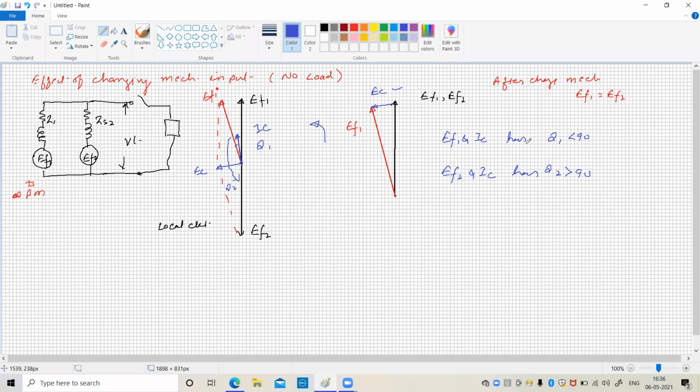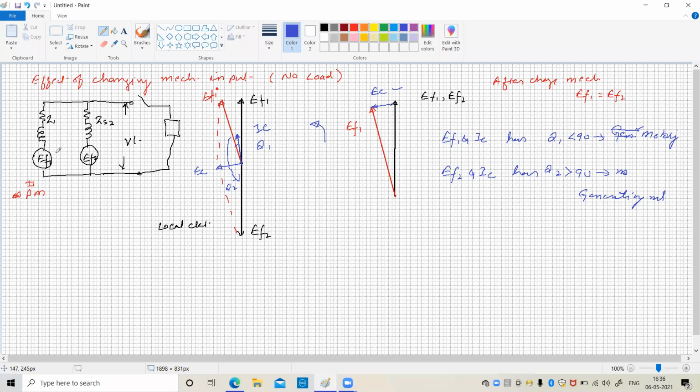So the machine whose angle is less than 90 degrees is acting in generating mode, whereas the other is acting in motoring mode. The machine which is acting in generating mode gets retarded. Here machine one is acting in generating mode.